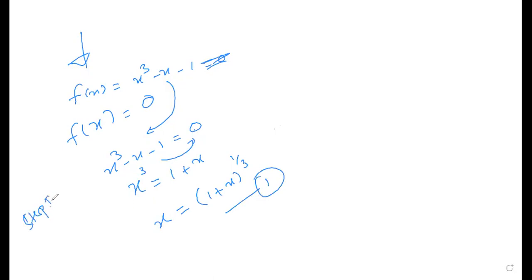First of all, we have derived our interval. We have to have x equal to g of x. So we're going to find out the possible ones, whether x equal to g of x or h of x or any other. This is one of the kind: I kept x cube on this side and took the other terms to this side. This function should also be a function of x.